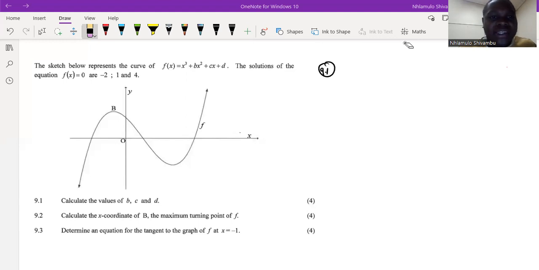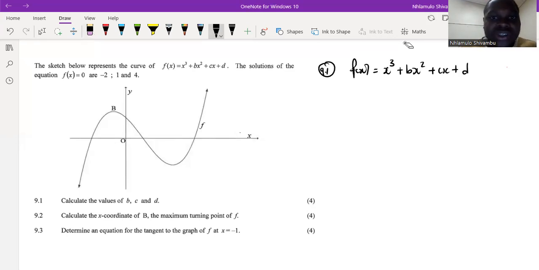So this is the equation of the curve, in the form f of x equals x cubed plus bx squared plus cx plus d.